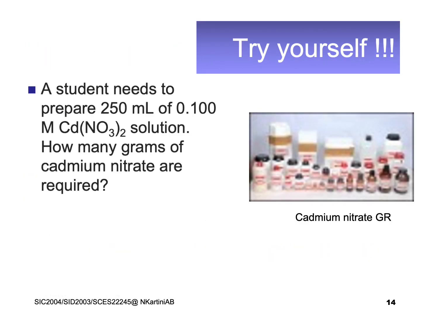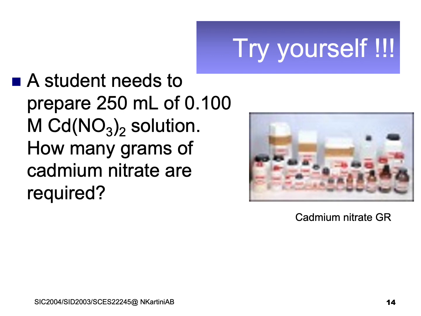In this exercise, you are required to calculate the amount of cadmium nitrate required to prepare a 0.1 molar cadmium nitrate solution by using a 250 ml volumetric flask in order to get 250 ml of solution.